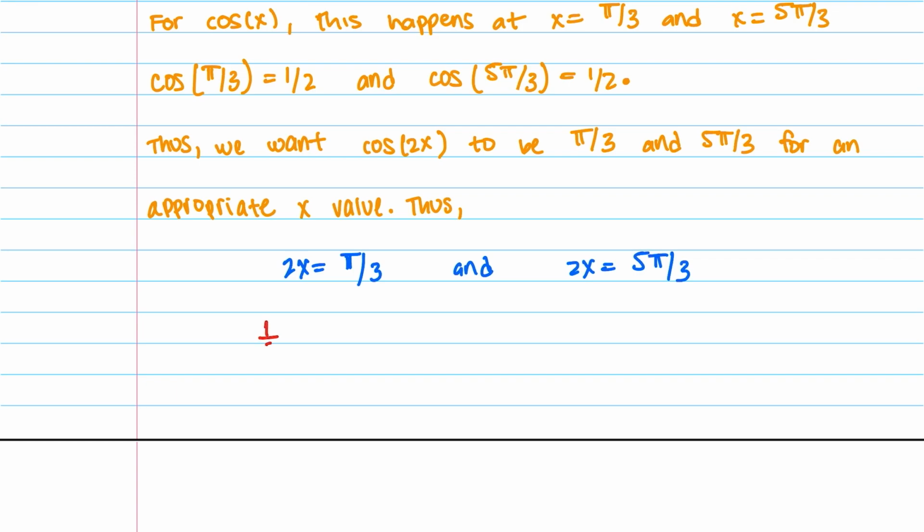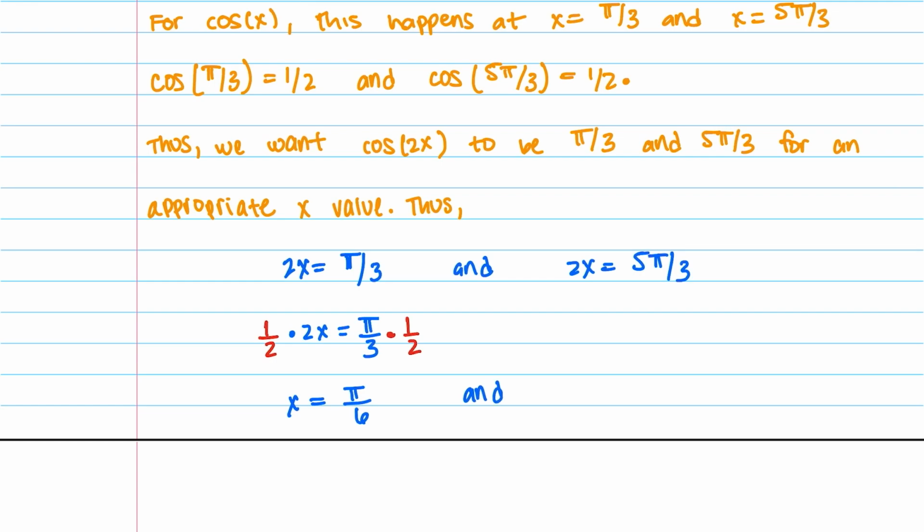And so we'll have 1/2 times 2x is equal to pi over 3 times 1/2. And so on the left-hand side, all you'll be left with is x is equal to pi over 3 times 1/2, which is pi over 6.